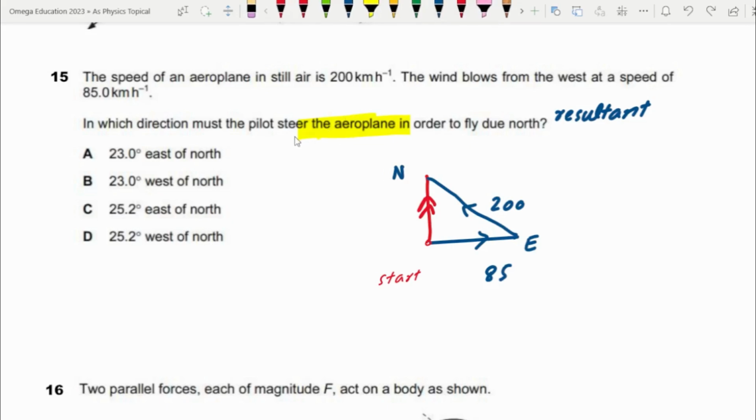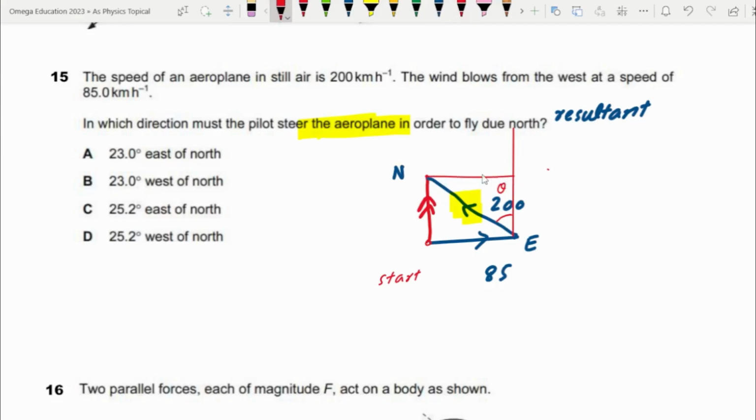You're supposed to find the angle between the speed of the airplane vector, that one, and the north. So what is the vector that represents the speed of the airplane? It is this one. And where is the north? Well, you can draw the north vector over here, and you're supposed to find this angle, theta. So you can complete the triangle in this way just for the sake of convenience.